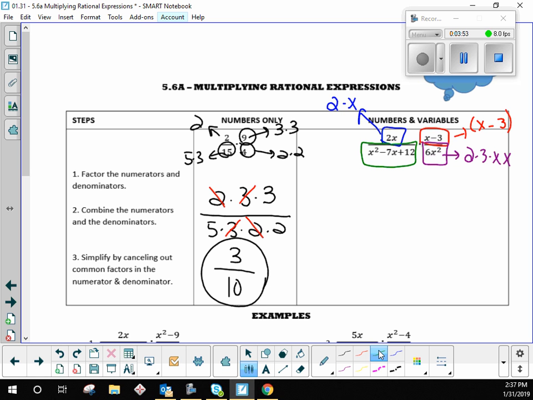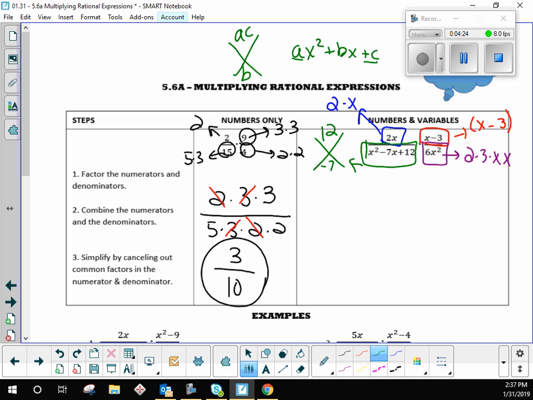What method did we use for 3 terms? AC method. So remember, our AC method comes from this idea that when you have standard form, you do a times c: what multiplies to a times c and adds to the middle term b. So here I don't have an a written, so I know that it is 1, and a times c is 12. So what multiplies to 12 and adds to negative 7?